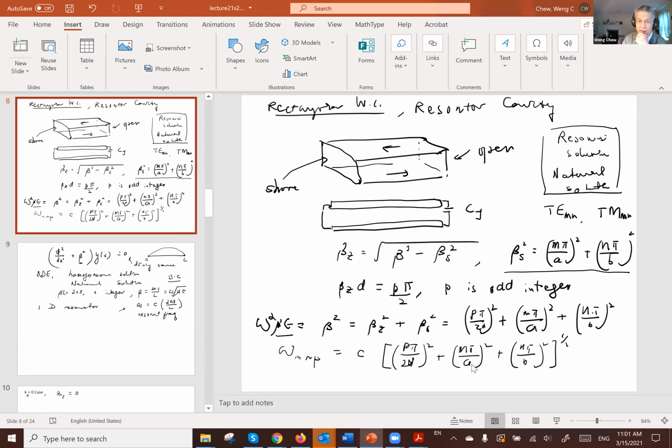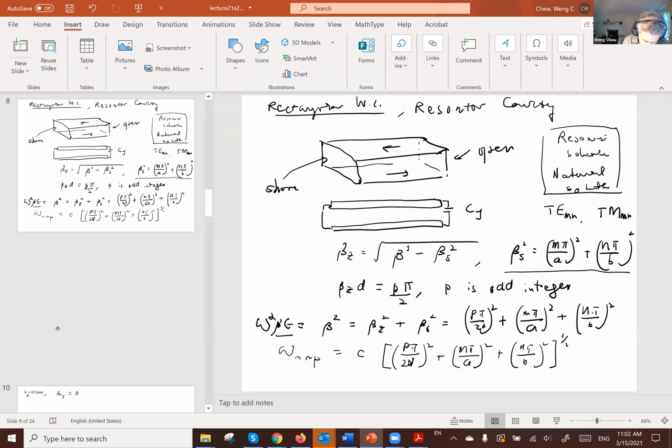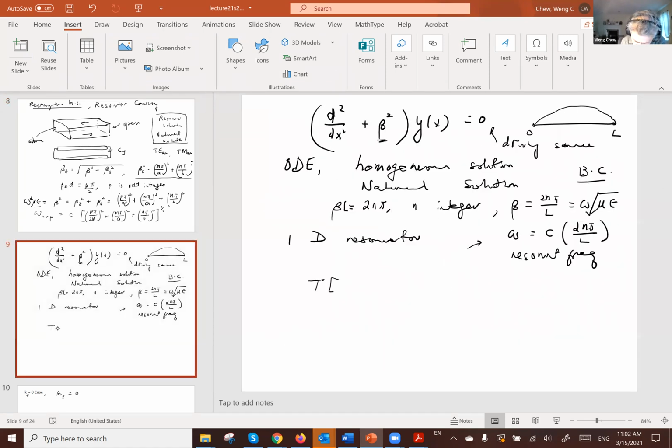These equations correspond to TE and TM modes bouncing back and forth between the two ends of the waveguide. We have learned previously that for the TE modes, we can have TE M0 or TE 0N modes in the rectangular waveguide.